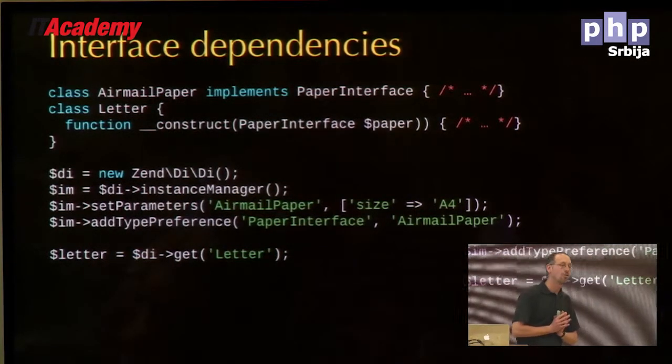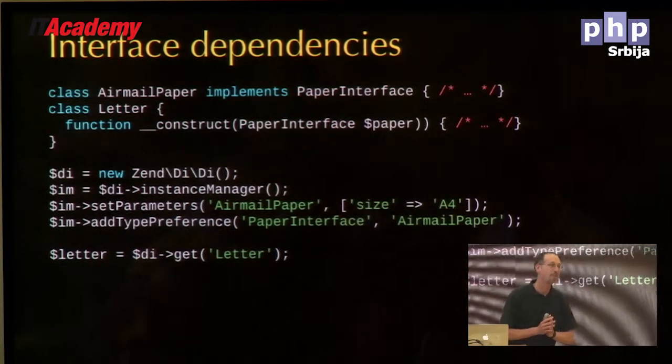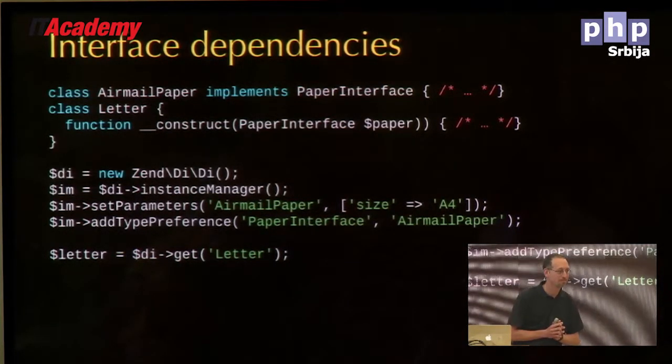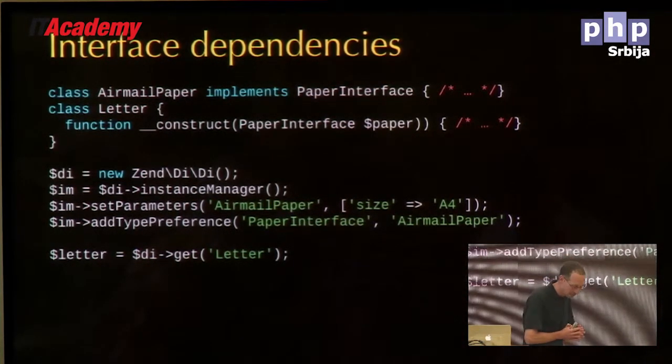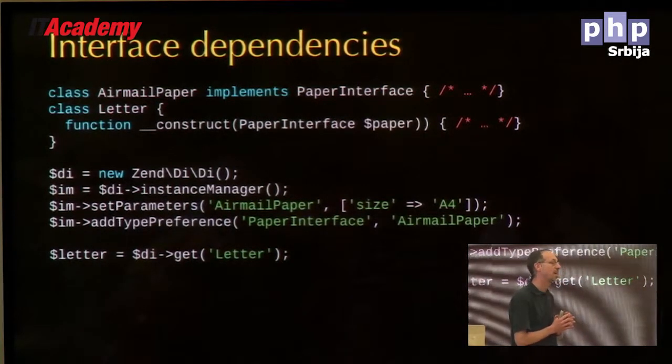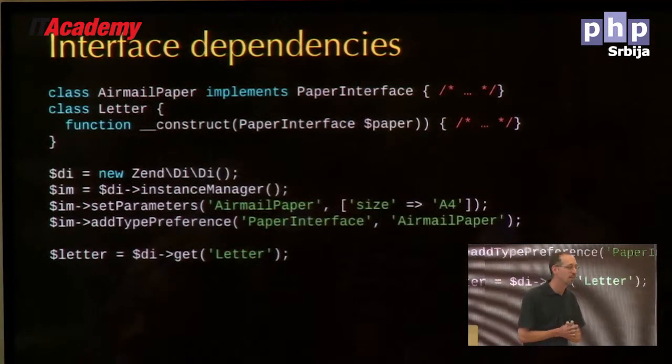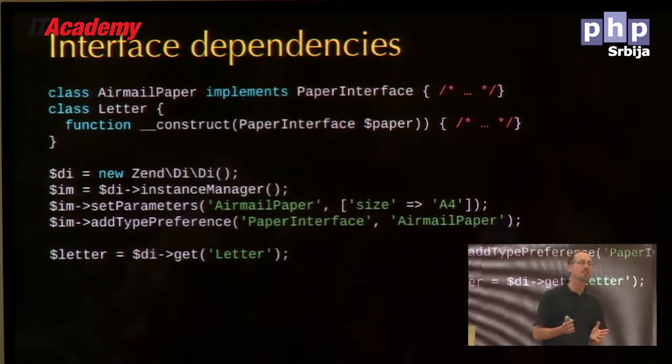Depending on a concrete class is not very clever for long-term maintenance of your source code. Again, it's quite tempting. But where I type hinted against airmail paper, it's much better to type hint against an interface. So we're going to type hint against paper interface.